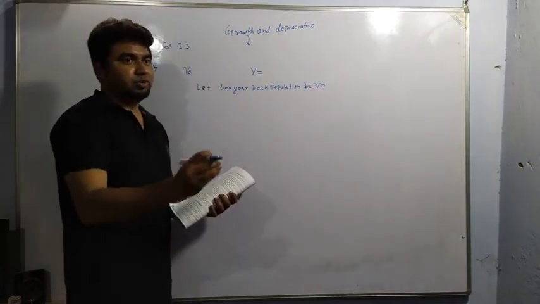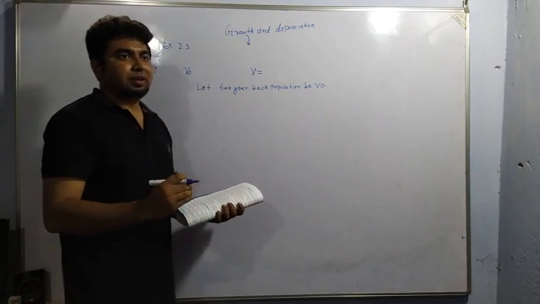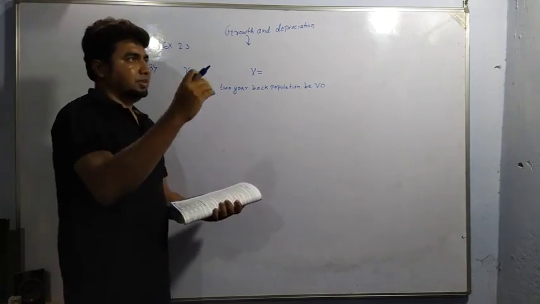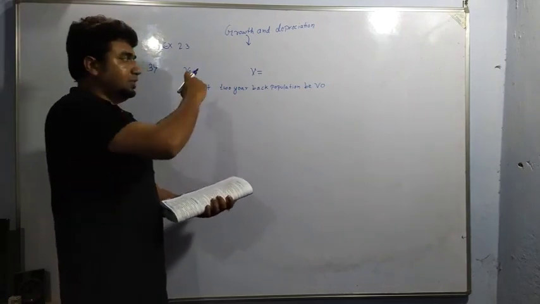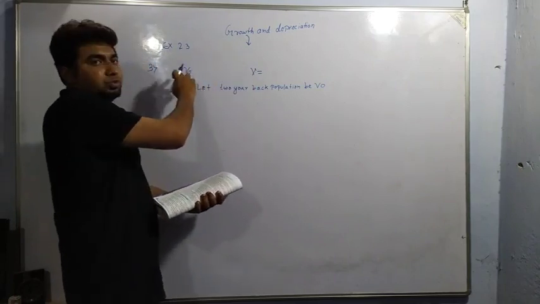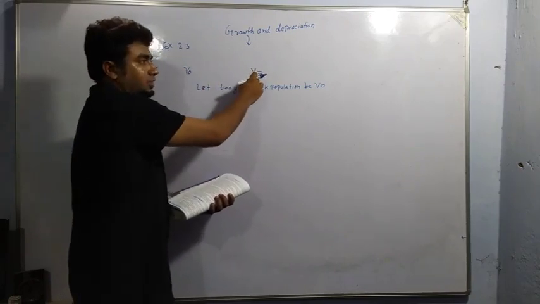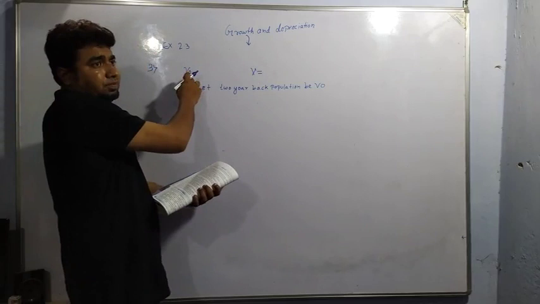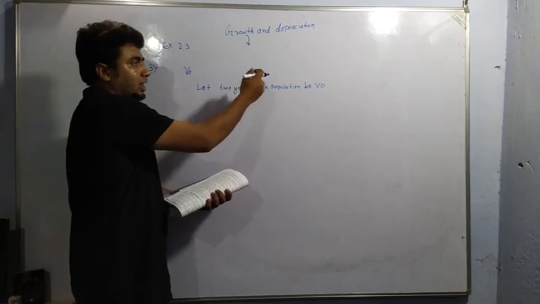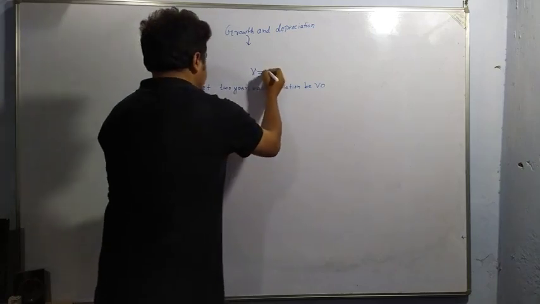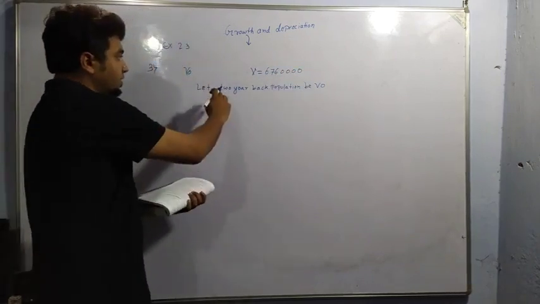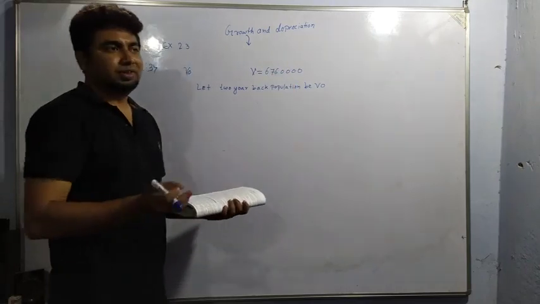If I add 2 more years, that will come out to be the present population. So this is the population 2 years back, and this is the present population. This is the amount with respect to the previous population, because it will be increasing and rising to V, and V given to us is 676. That's why we have considered let the 2 years back population be V naught.